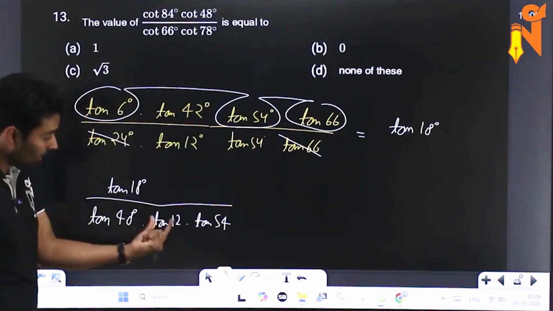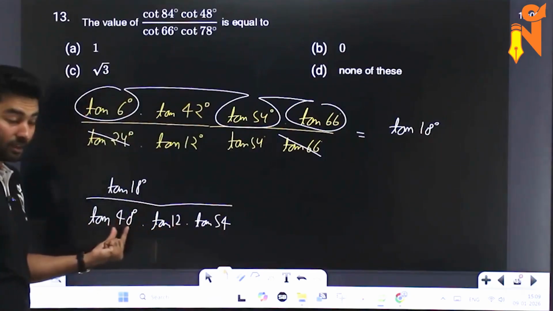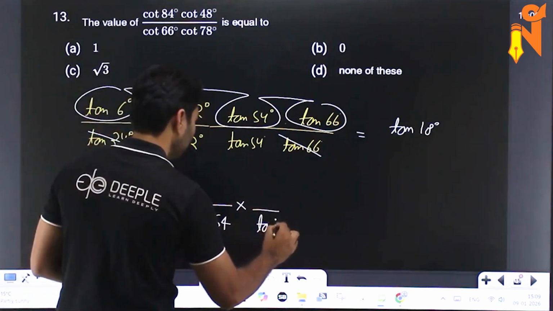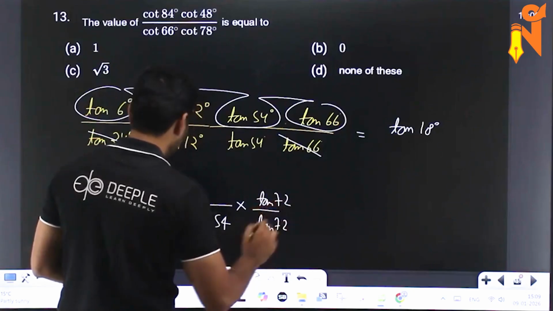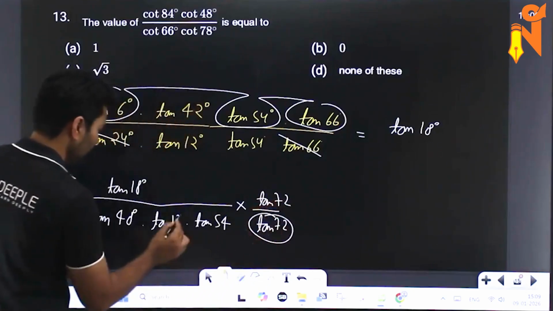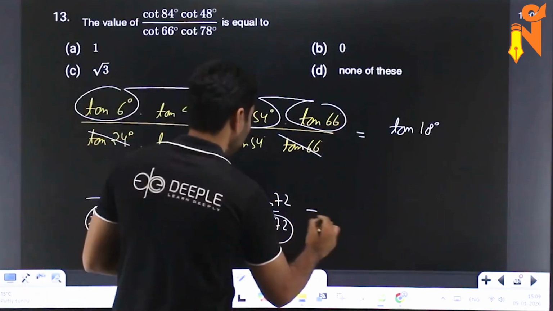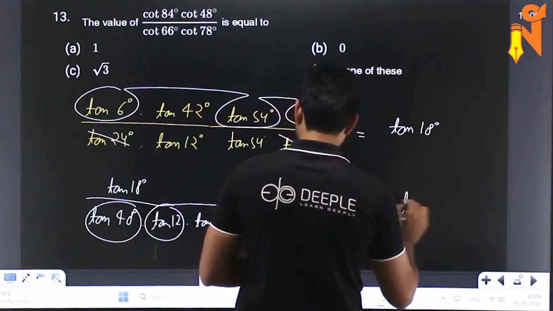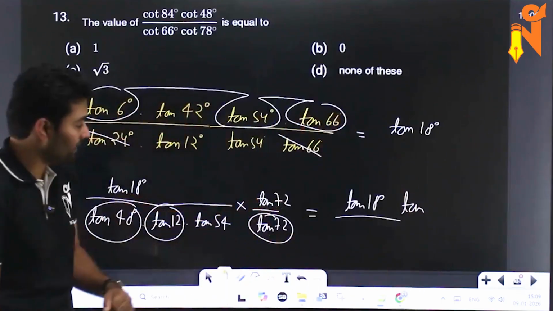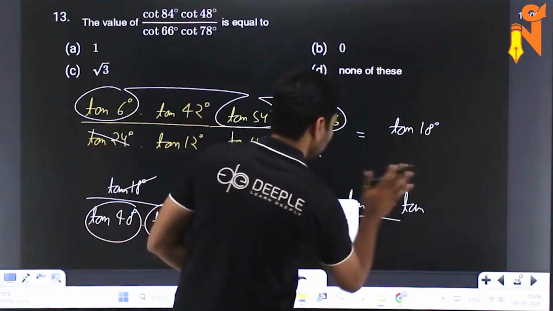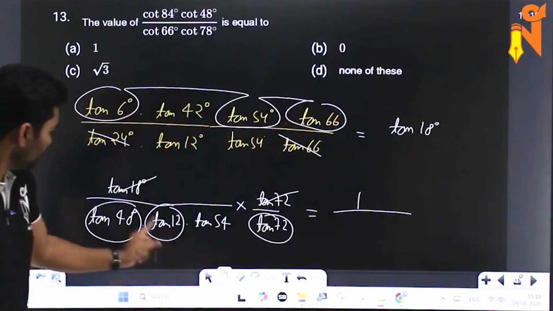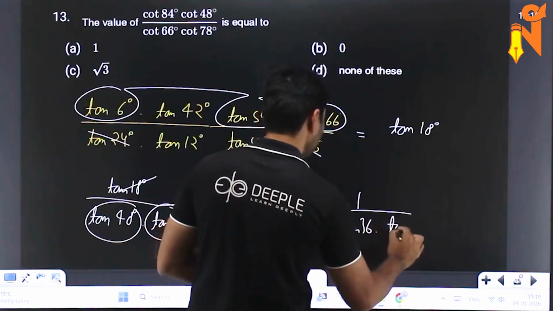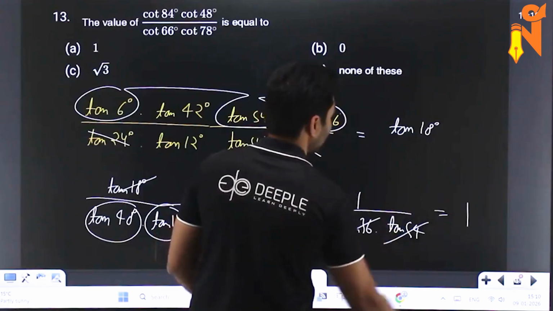Now again see here, tan theta, tan(60 minus theta), but tan(60 plus theta) is not here, so multiply, divide, tan 72. Tan 72 is actually here obviously, so this will become tan 3a, so this equals tan 18 degree upon, so into tan 72, what is actually, this is actually cot 18, right, so cut and cut, don't write here, 1 upon, this will become tan 36, 3a, tan 36 into tan 54, so again cut, answer is 1.